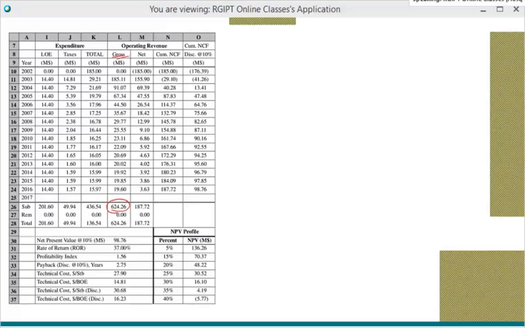So this one, gross revenue minus your taxes and operational expenditure, that you remove. So let's say you will have, as I said, annual average cash flow.